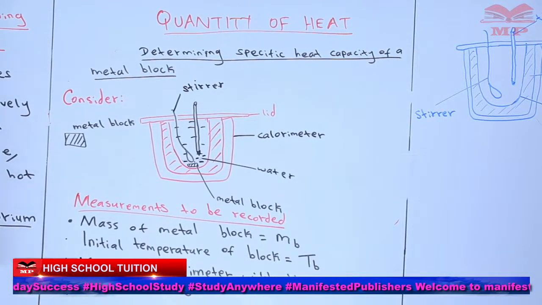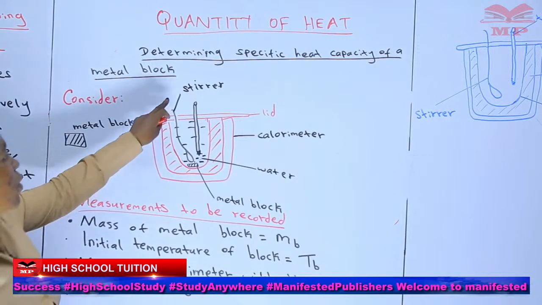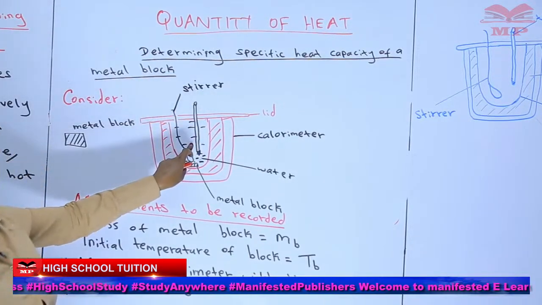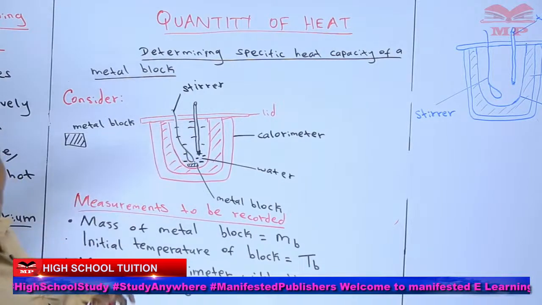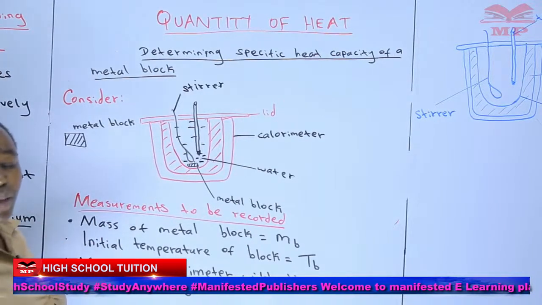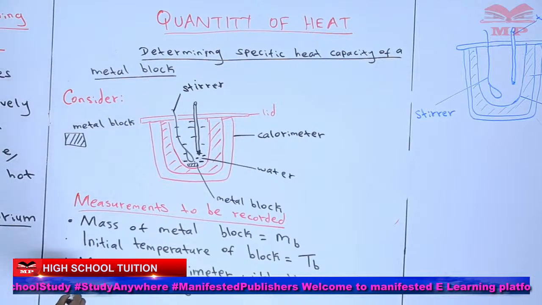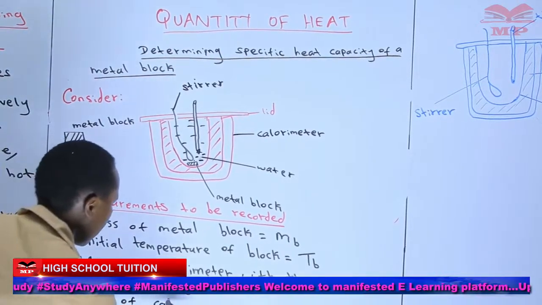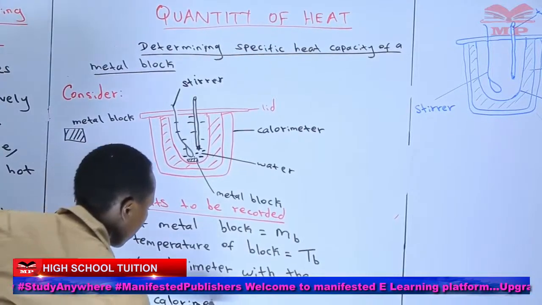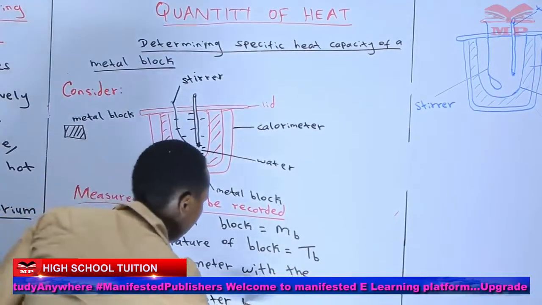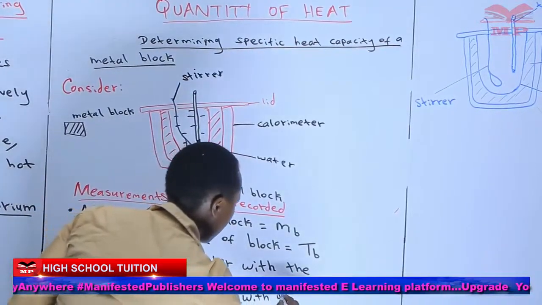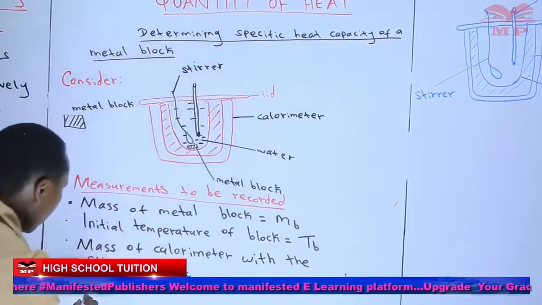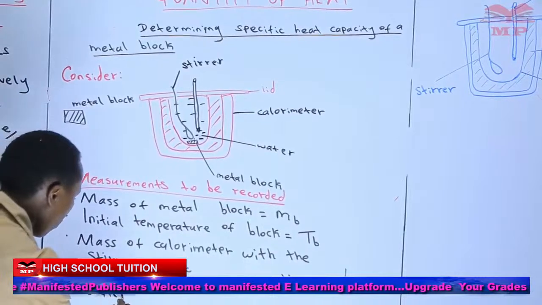Then again we need to get the mass now of the calorimeter with the stirrer and the water, because the calorimeter contains the water. So that mass also should be recorded. So mass of the calorimeter with the stirrer and also the water.